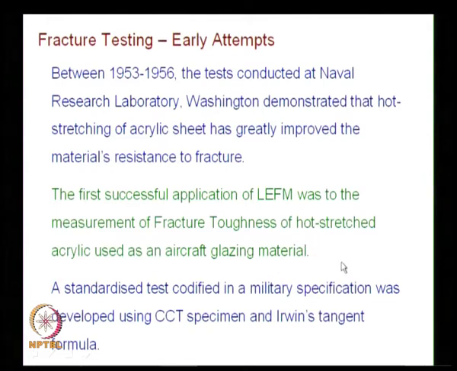So, this is how people proceeded, but now you have very sophisticated specimen geometry and also boundary collocation solution, which gives you precise values of stress intensity factors.